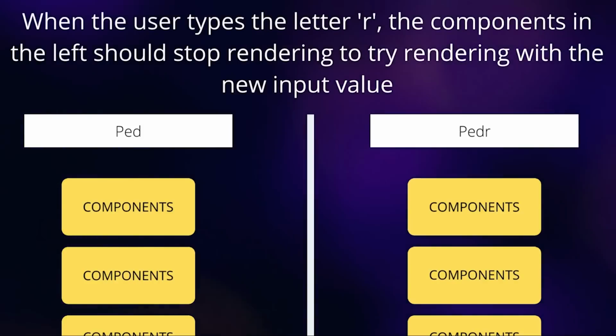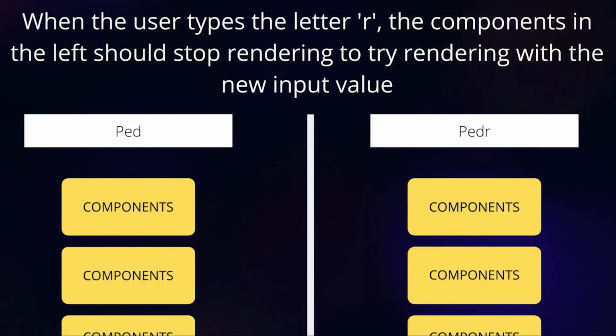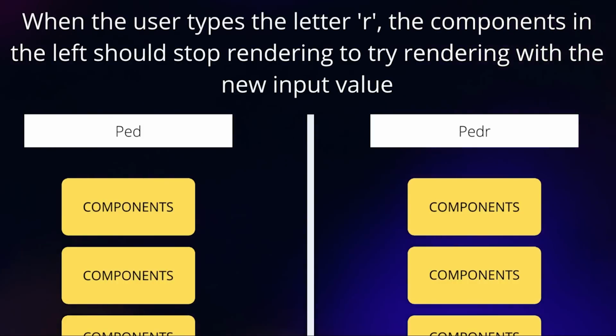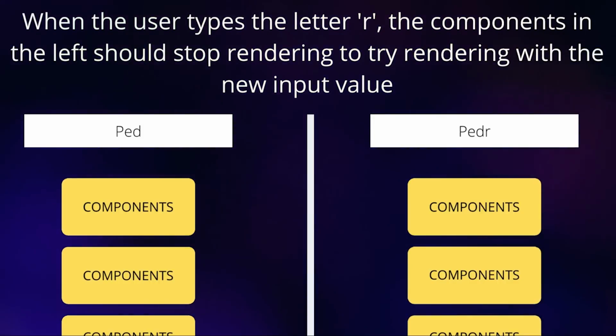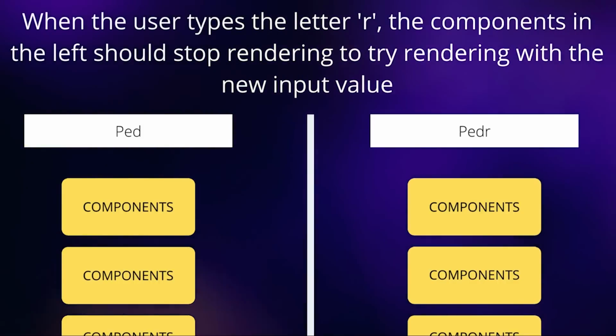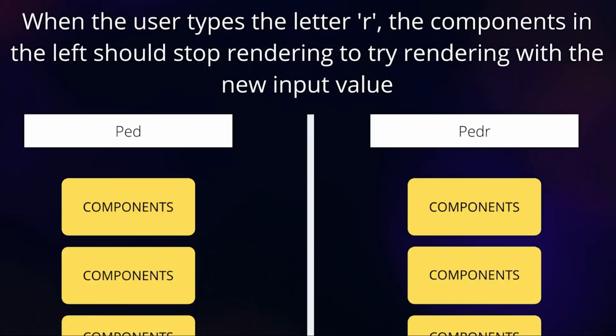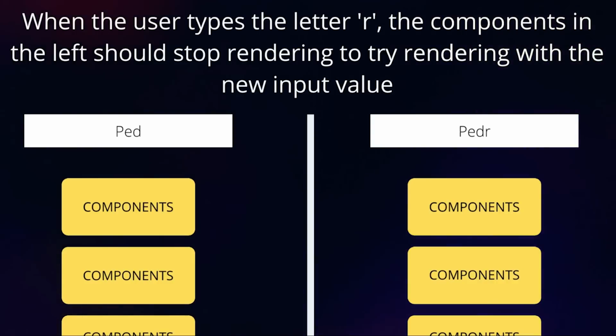Although it shouldn't, because whenever you type something else on the input and the rendering of the tree of components is not done yet, it should technically just stop that render, because now the input is showing something new, and it should trigger the re-render again.